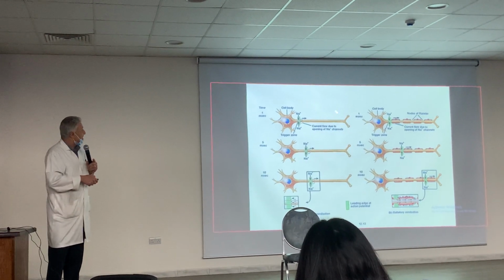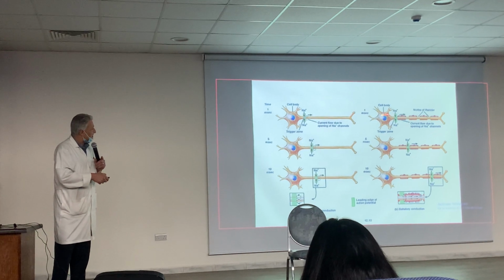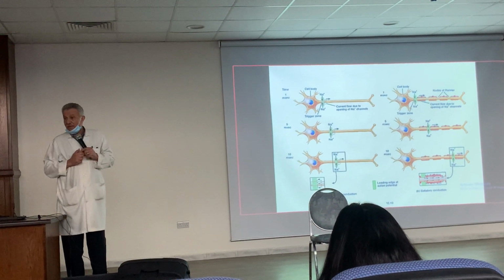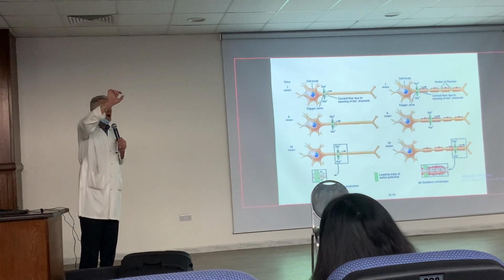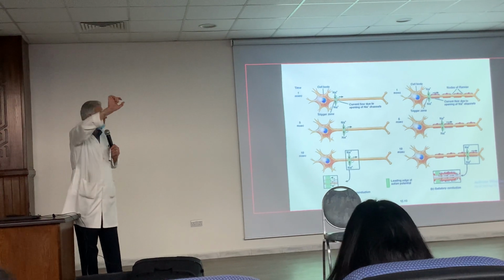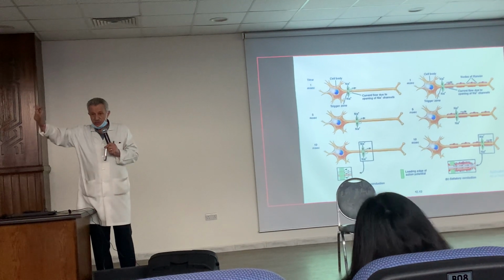And so on. So this is a myelinated fiber, and these are unmyelinated fibers. If you are viewing the action potential spreading along the axon, it is spreading in a continuous way.